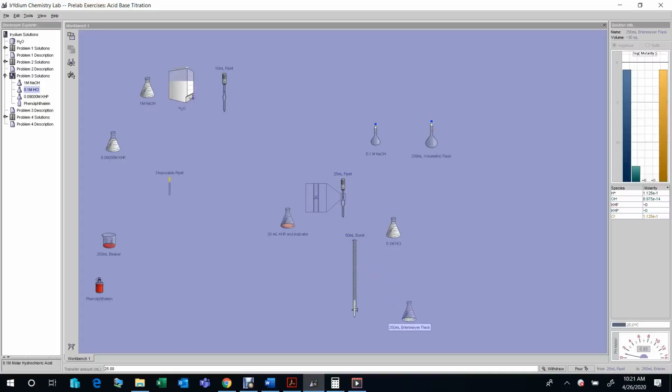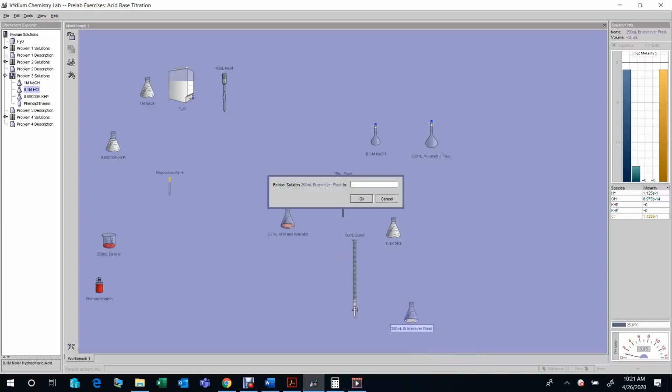Okay, here we have 25 milliliters of HCl solution, and the concentration is about 0.1. And now we know the concentration of this sodium hydroxide, right?